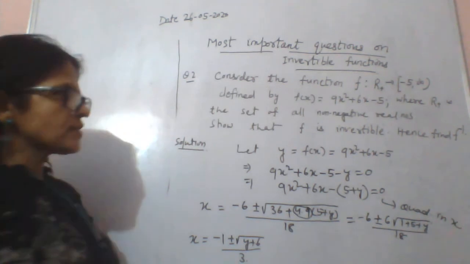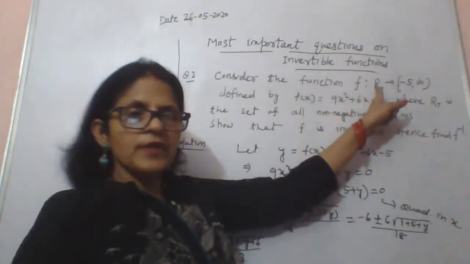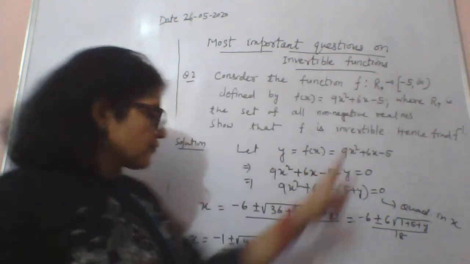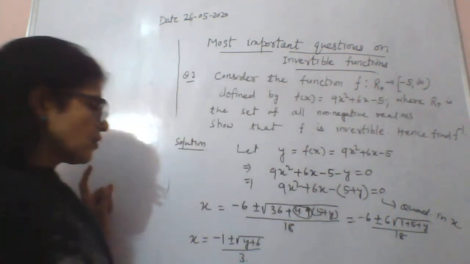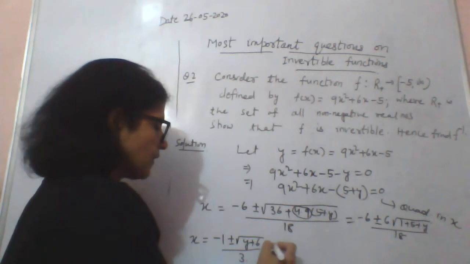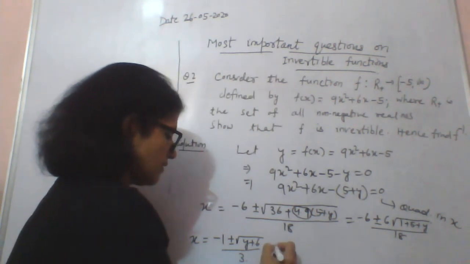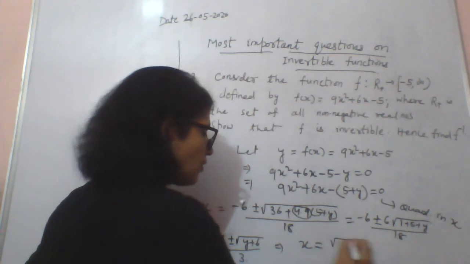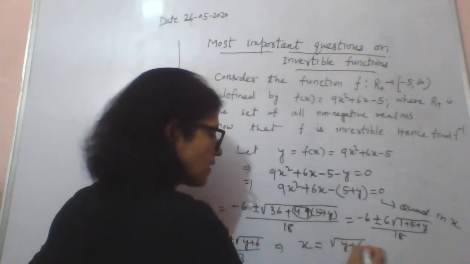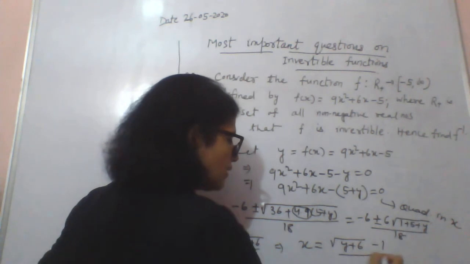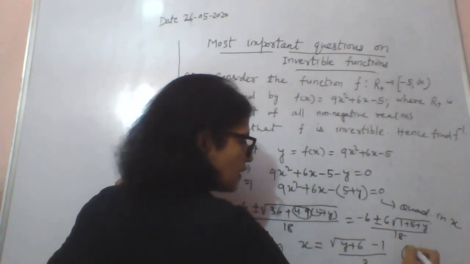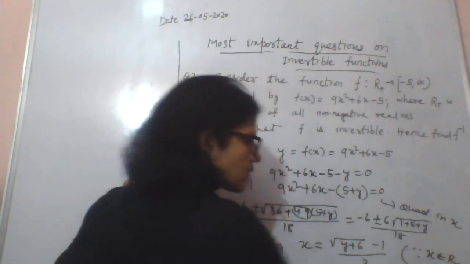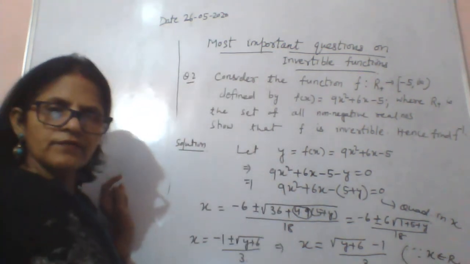Okay, and what is our domain here? Domain is the set of all non-negative real numbers. So it means x cannot be negative. So here you can write, this implies x equal to (under root (y + 6) − 1) divided by 3. It is because x belongs to the set of non-negative real numbers.